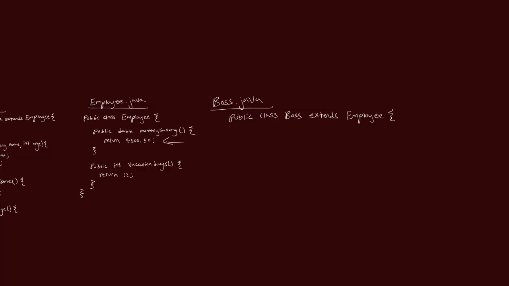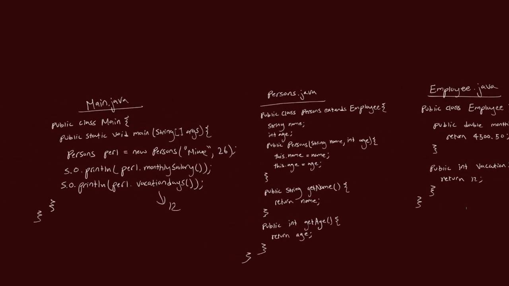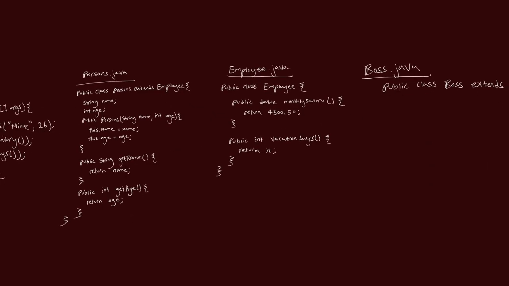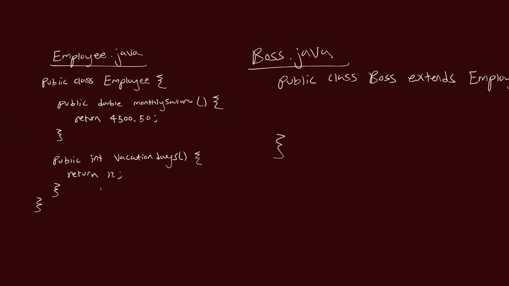Like if we were to call our boss class, we will be able to access these contents as well. But I don't want my boss's salary to be 4,500 or have 12 vacation days. I want those to be higher. So what I could do is override those.